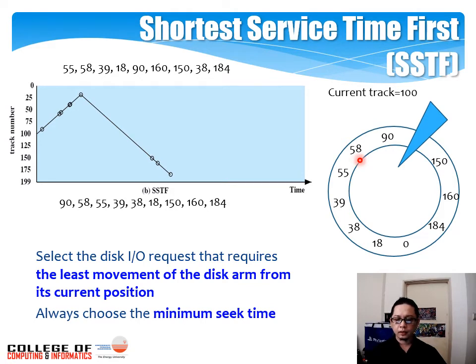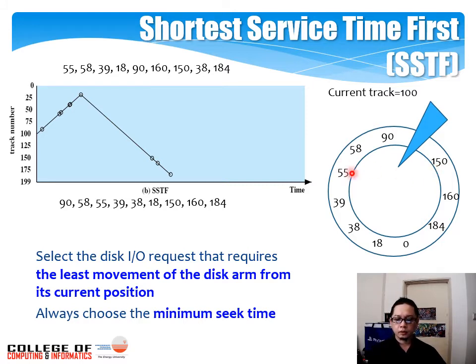After that, it still needs to calculate again between track 58 and the outstanding track 150, or between track 58 and track 55. Which one is the closest? Based on the calculation, this time the closest is track 55, and 150 is still the longest on the track.